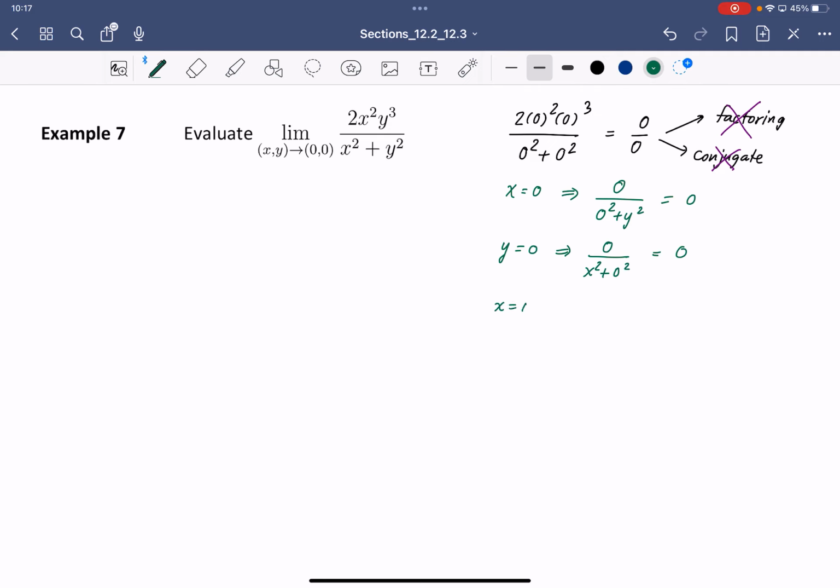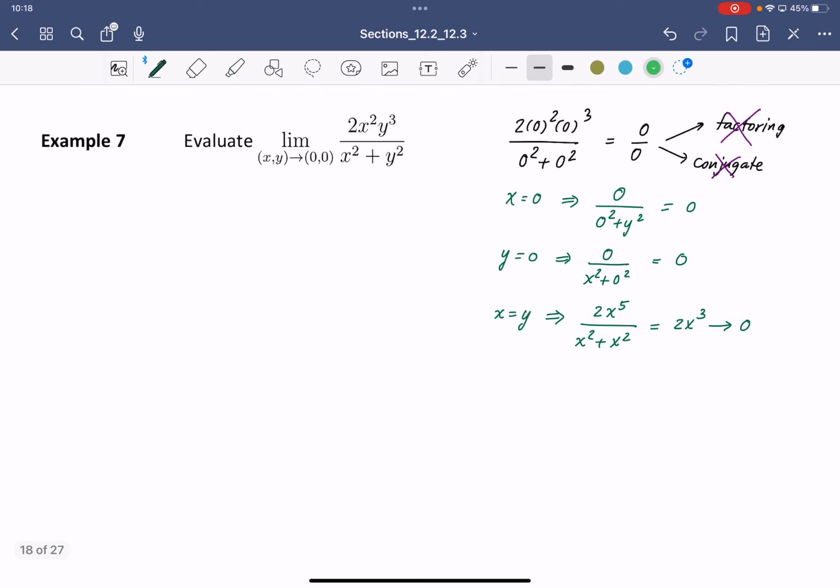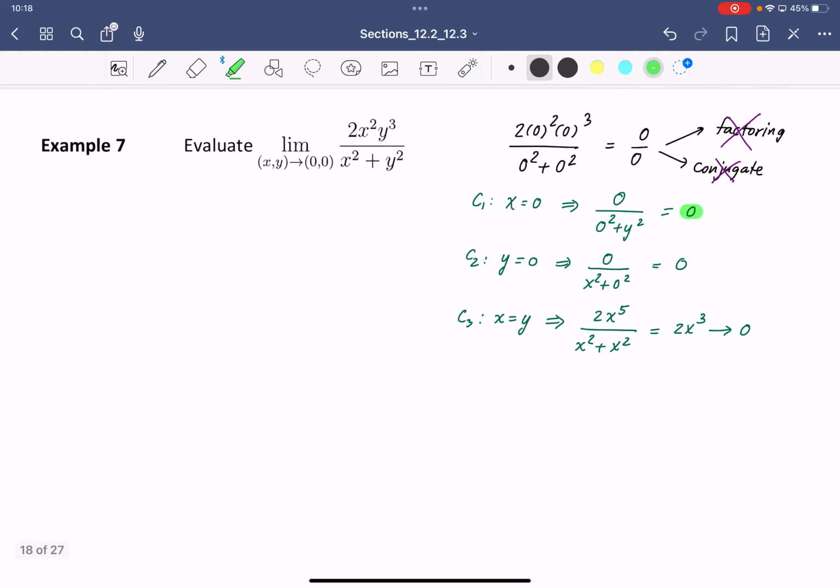If you put x equals y over there, you're going to get 2x to the 5th power over x squared plus x squared. Once you cancel everything, you get x cubed. This is going to 0 as well. So we try C1, C2, C3, and keep going, and you're going to get the same pattern, that the limit always goes to 0.